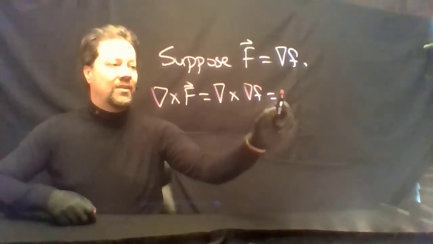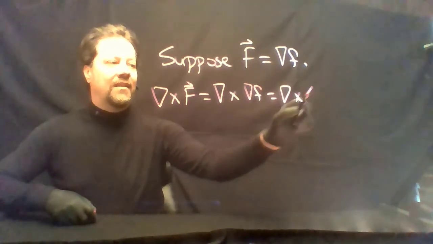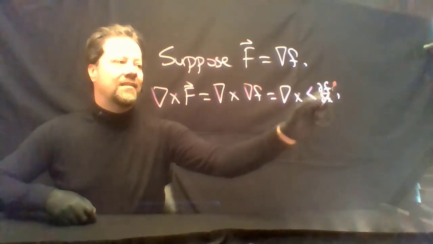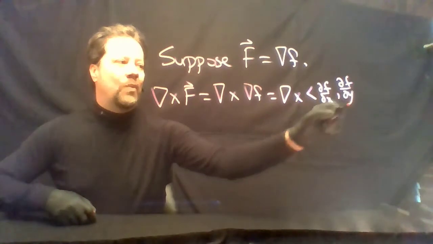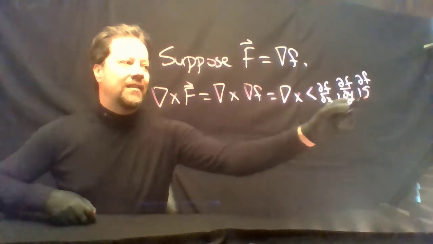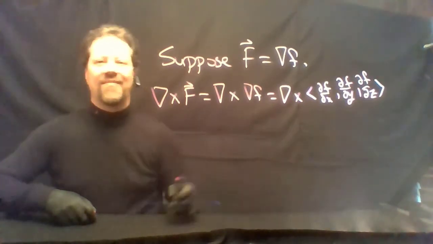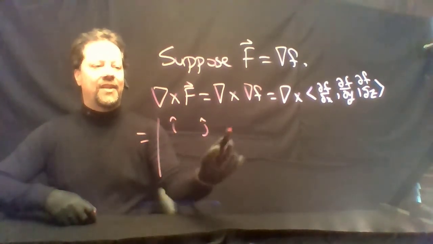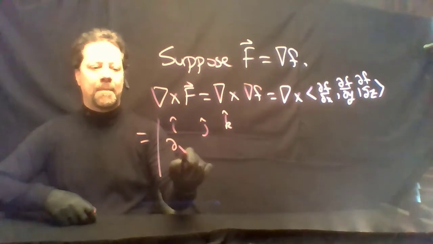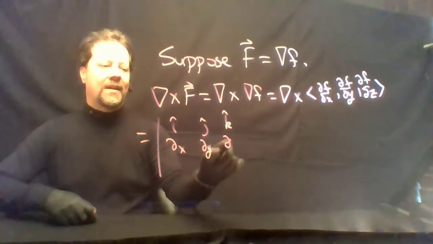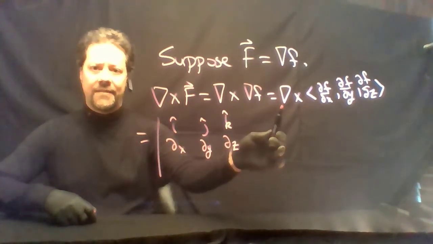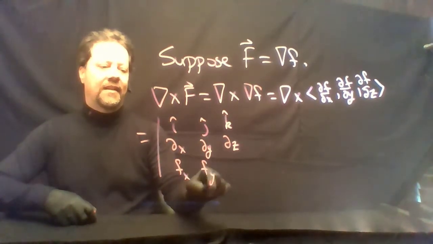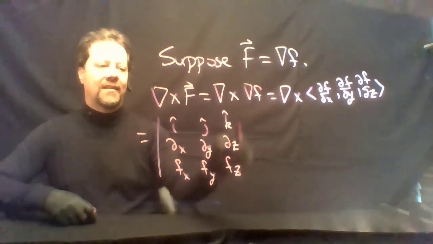Well, we're taking the curl of a vector field df dx, df dy, df dz. That should be i, j, k, dx, dy, dz for the coordinates of del. And then let's write these as fx, fy, fz.